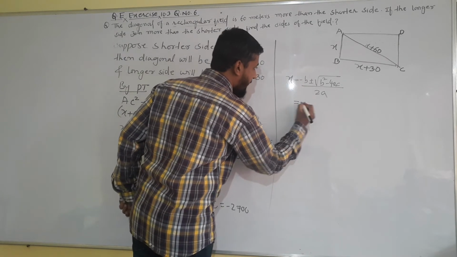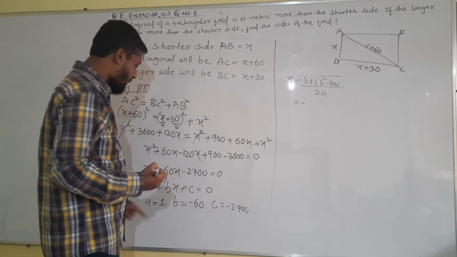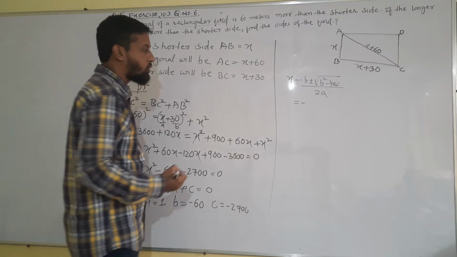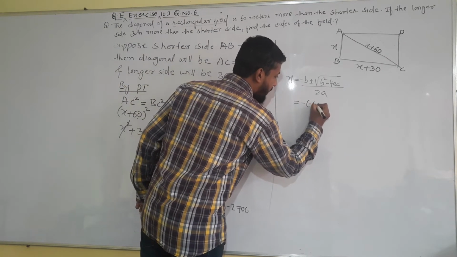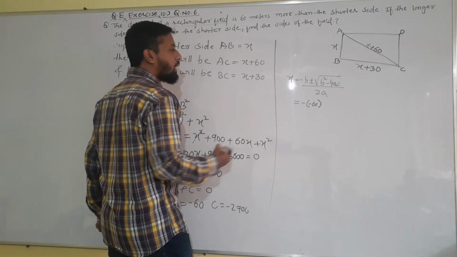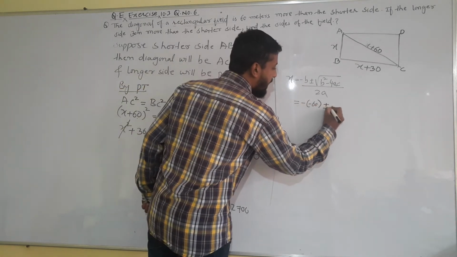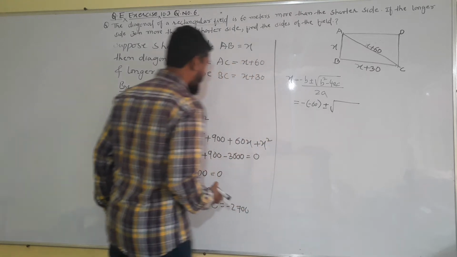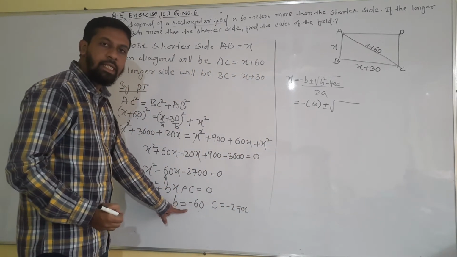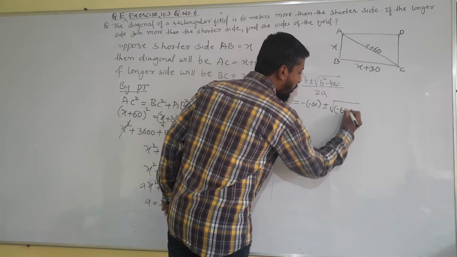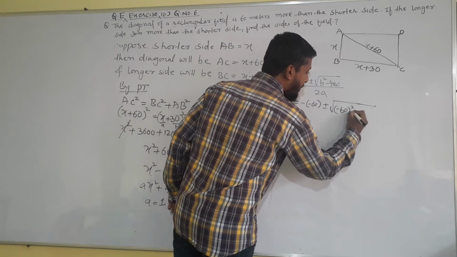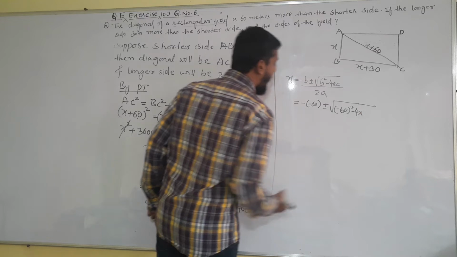which is equal to, first minus as it is, what is the value of b? It is minus 60. So we'll put that value in the bracket. Very important. Now plus or minus under root of b square. What is the value of b? It is minus 60. So minus 60 whole square minus 4 into a.